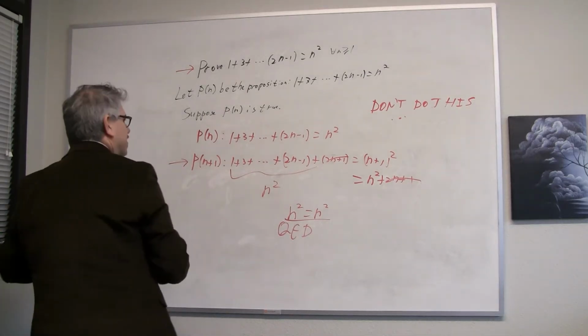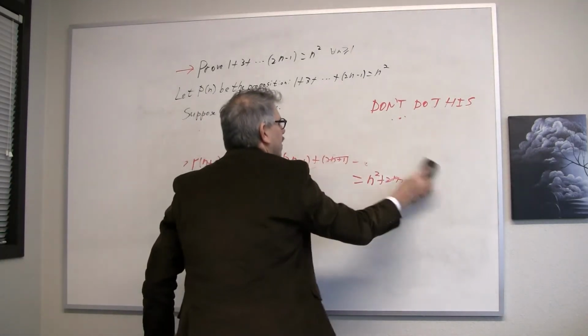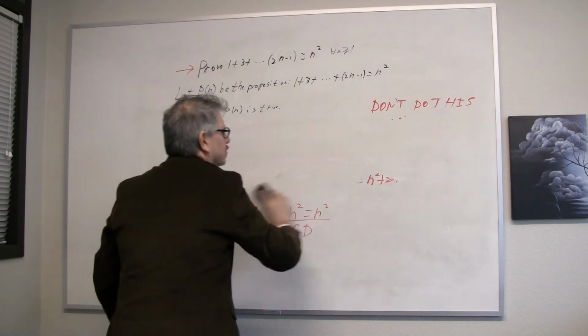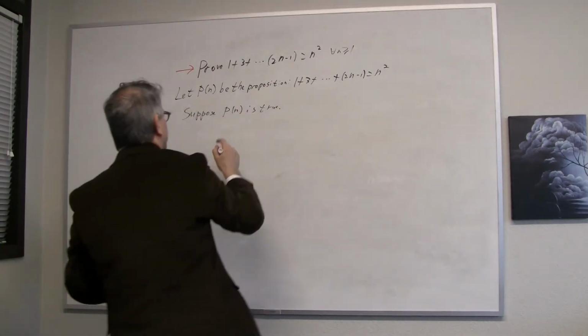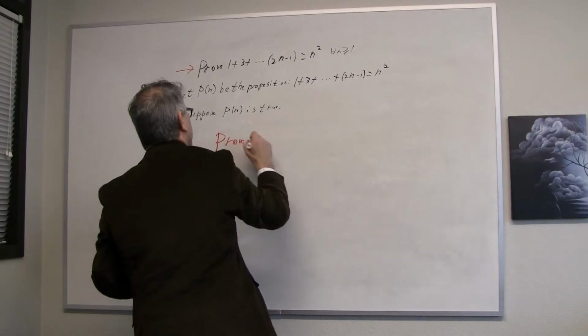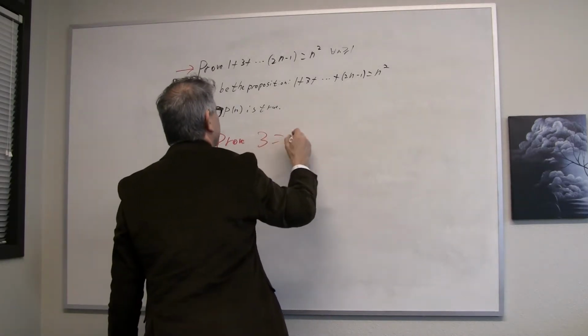And let me give you the silly example of what this can lead to. So prove 3 is equal to 4.